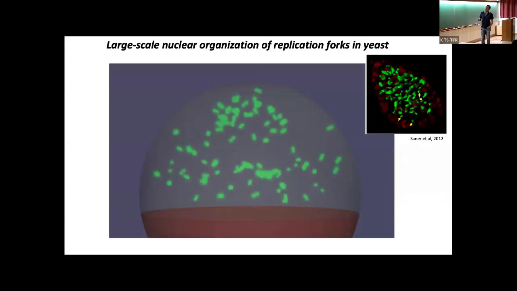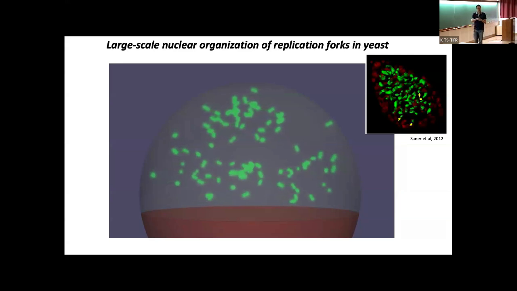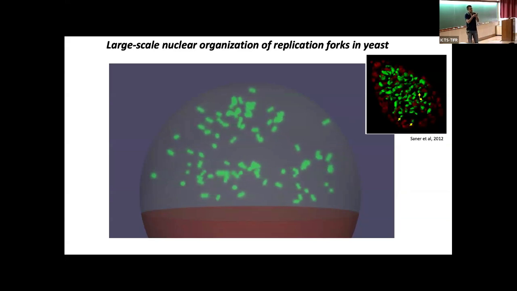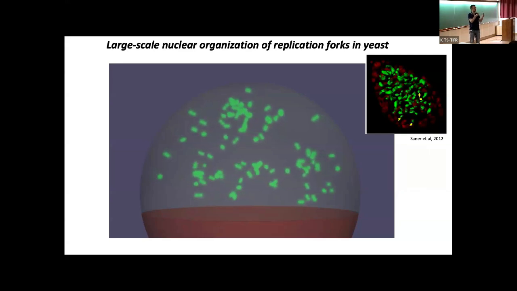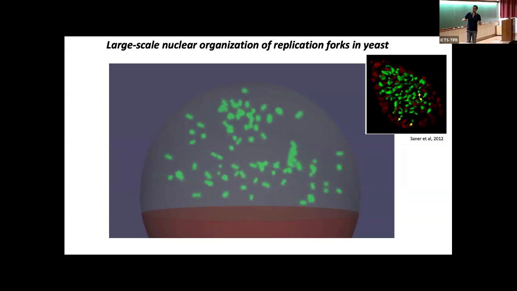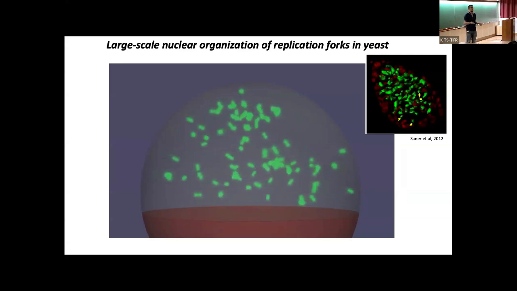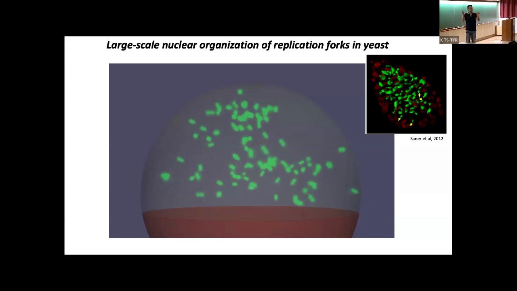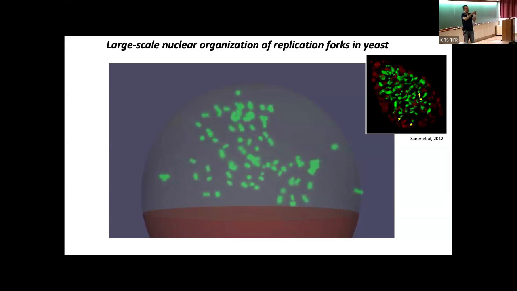And so with our framework, we can now look at the higher order structure. So far, I was only interested in the interactions between sister forks and around the origins. But with our framework, we can now look at how the forks are dispersed in the nucleus. Do they form condensates? Here, I didn't put any forces between forks that don't emerge from the same origin.